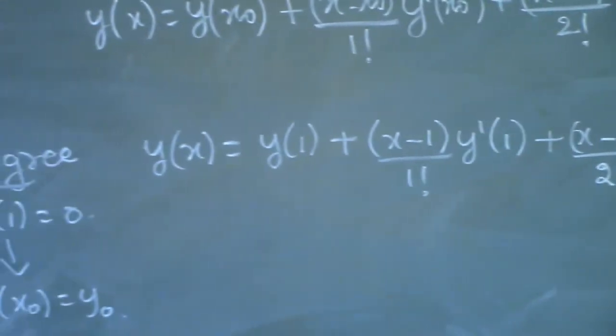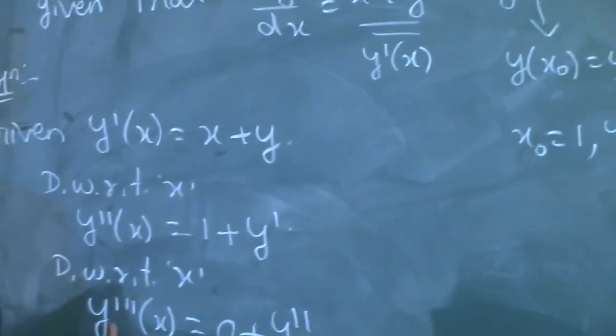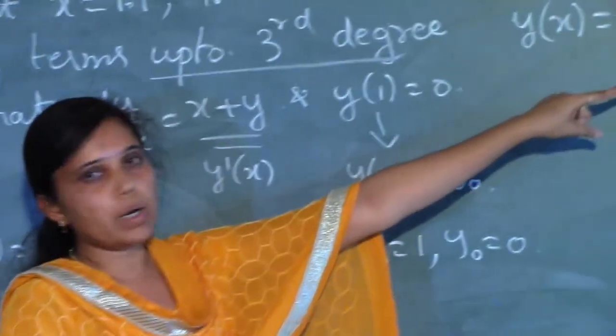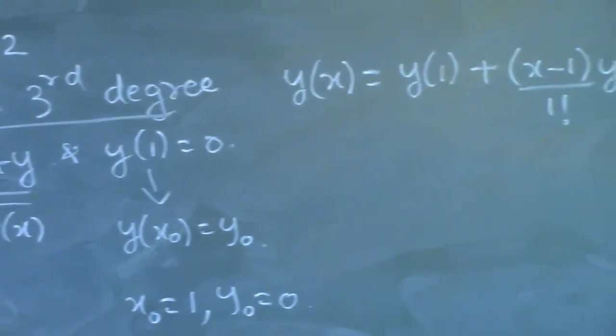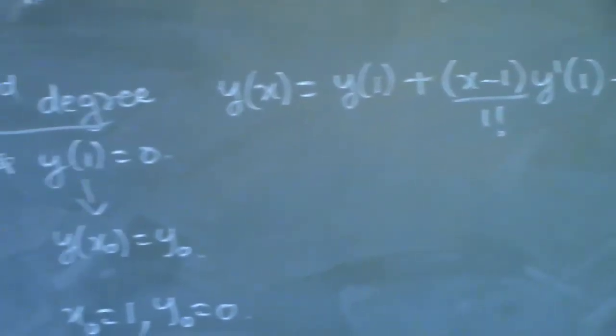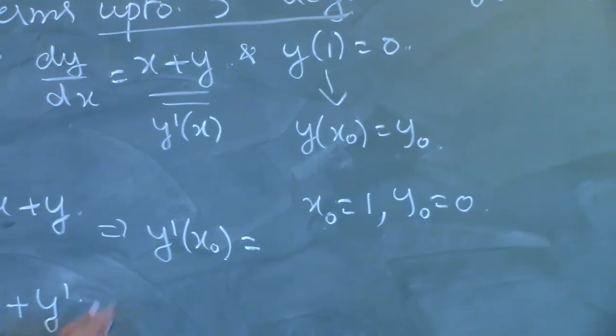Here our values are y dash of x, y double dash of x and y triple dash of x. But we need the values of y dash of 1, y double dash of 1 and y triple dash of 1. So here y dash of x naught, find out the value of y dash of x naught.